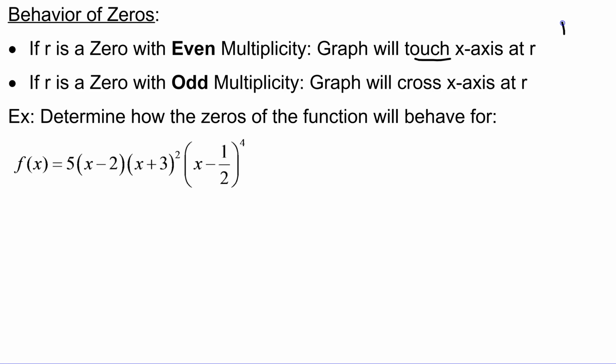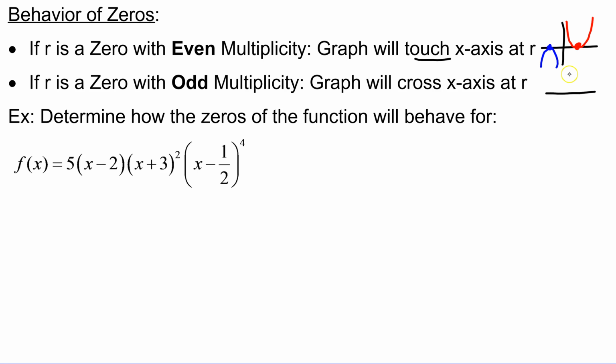And that behavior, when we saw it on our other graphs, is where at that particular x-intercept my graph doesn't actually cross through the x-axis. It approaches the x-axis, takes on the value at that x-intercept, and then goes back to where it came from. So it could be coming from the top, positive values of y. It could be coming from the negative values of y. The key part is, it's essentially a turning point there at that x-intercept.